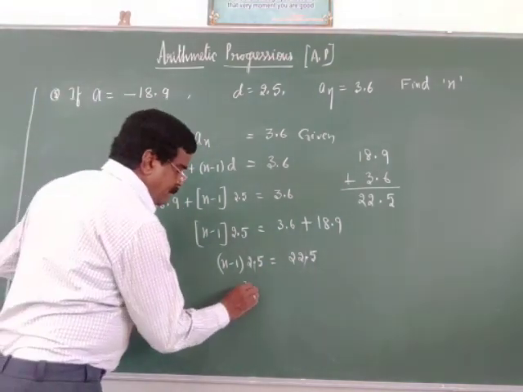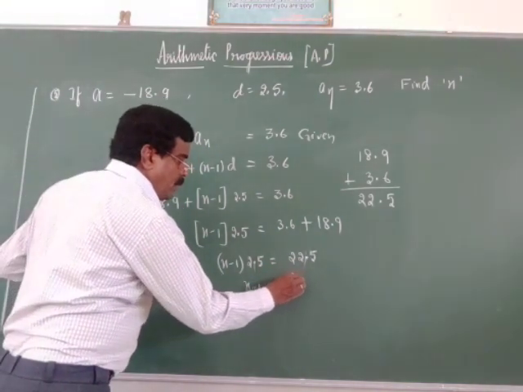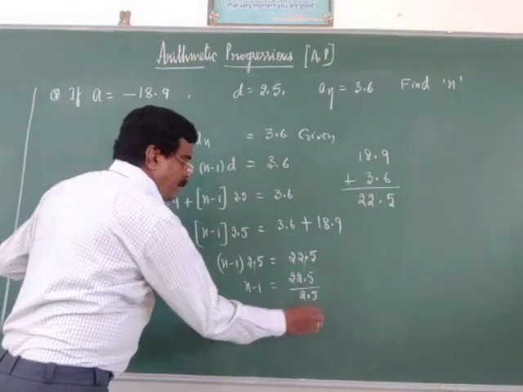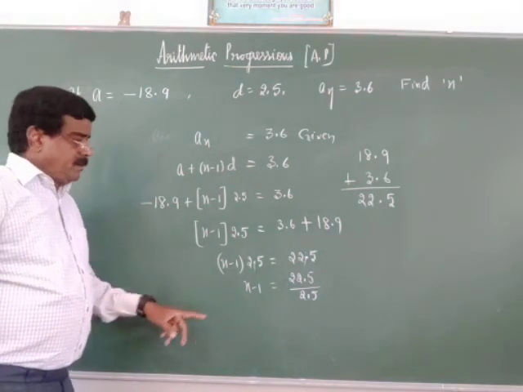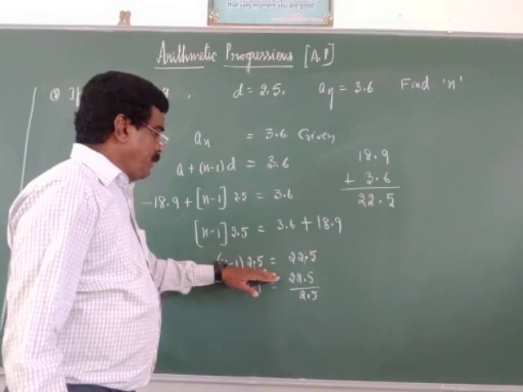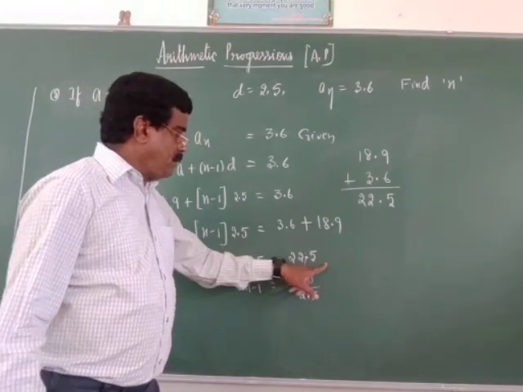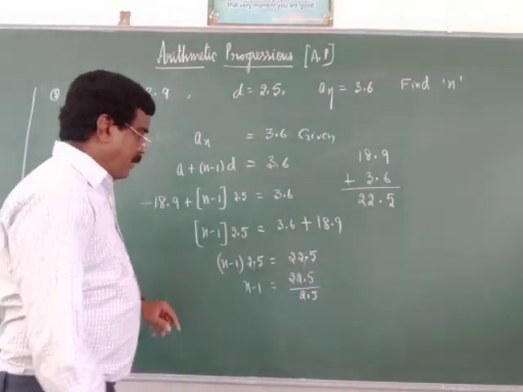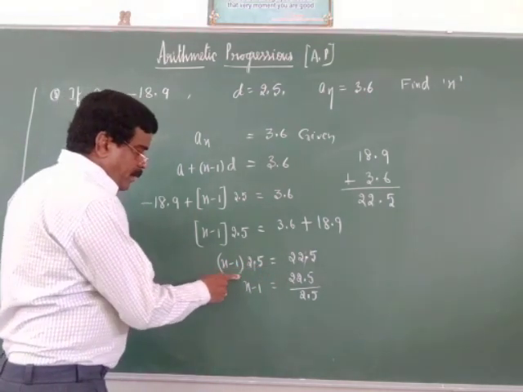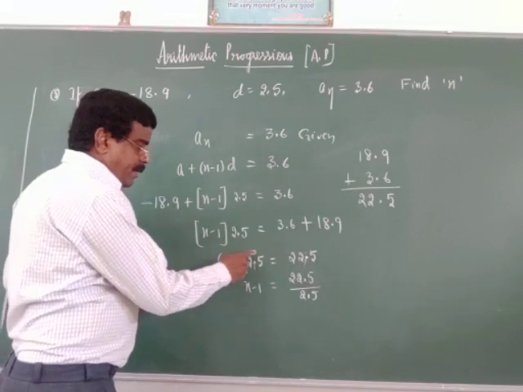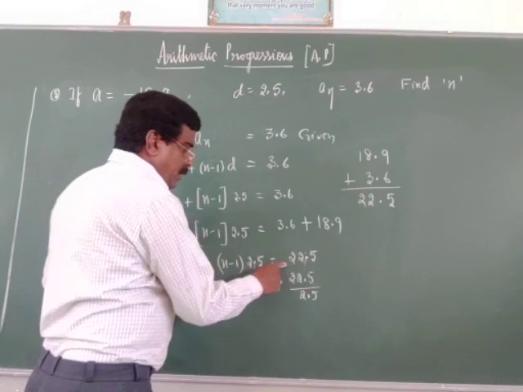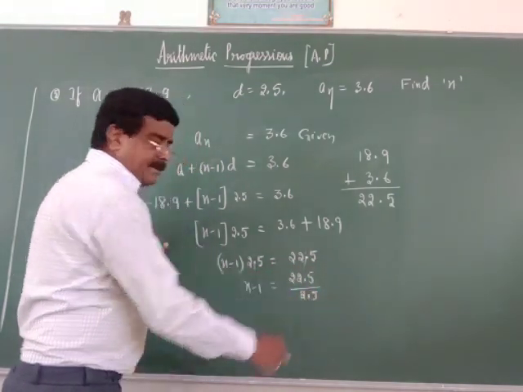It means n minus 1 is equal to 22.5 divided by 2.5. Here only, this 2.5 shifted to the right hand side, so it has gone to the denominator. I taught that already, I am repeating once again. Here 2.5 is there; divided by 2.5, 2.5 gets cancelled and we get only n minus 1.